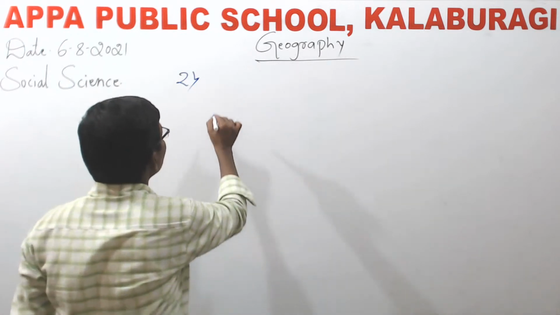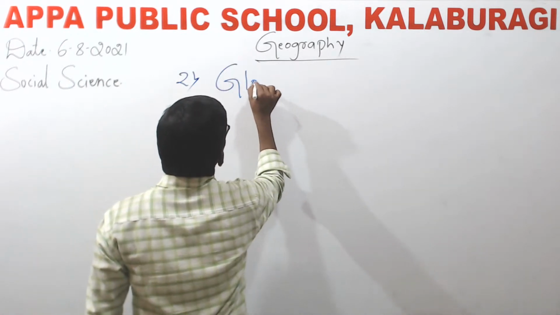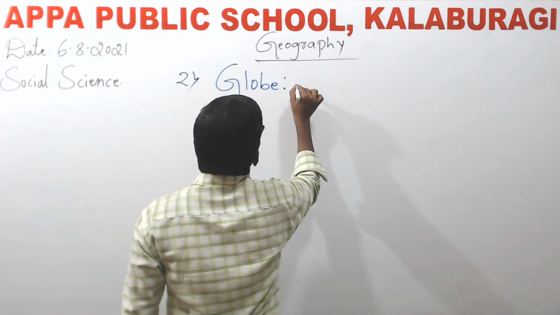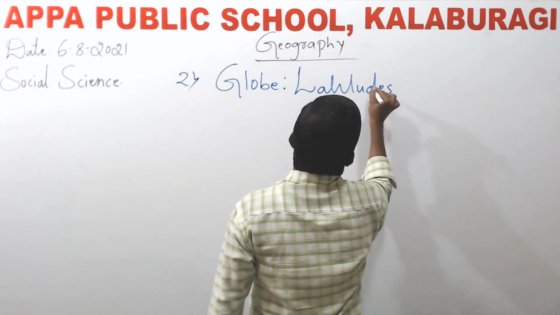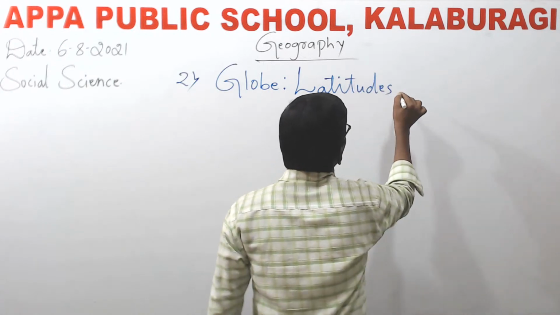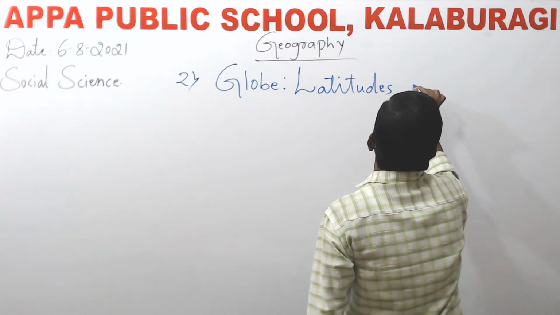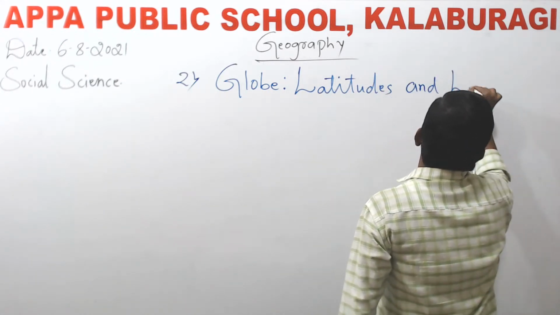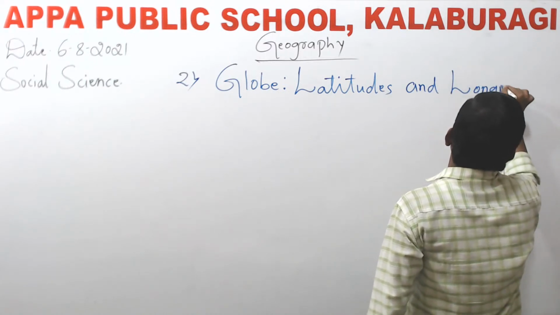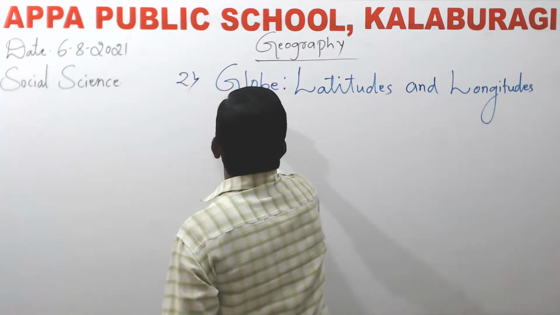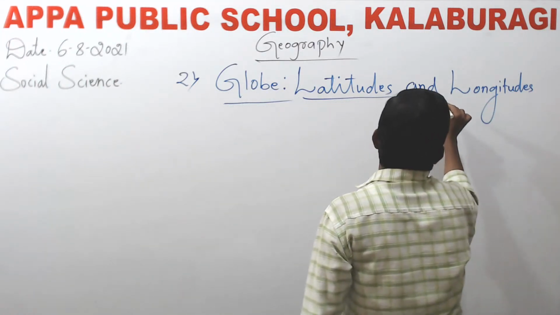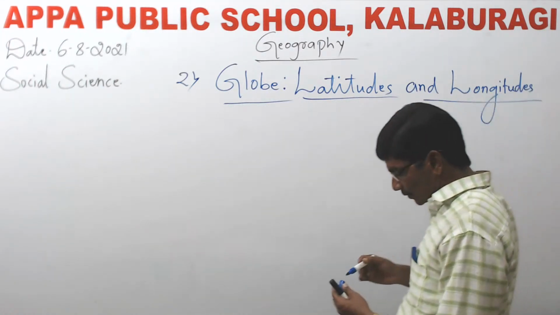So that is globe, latitudes, and longitudes. What is it, children? Globe, latitudes and longitudes.